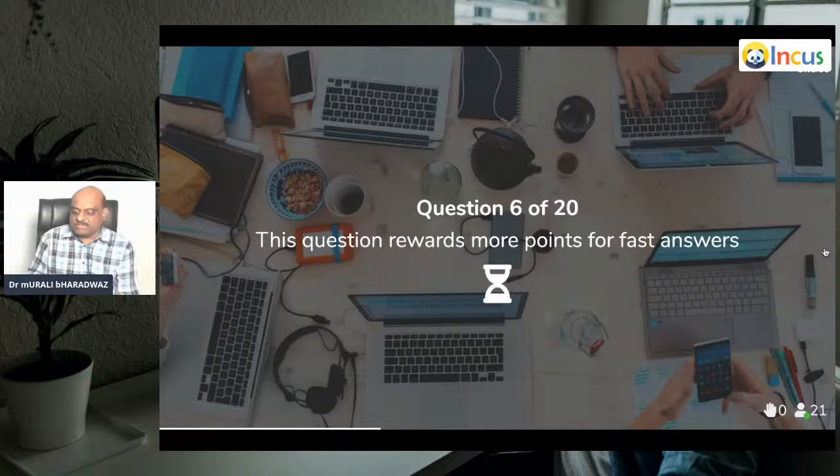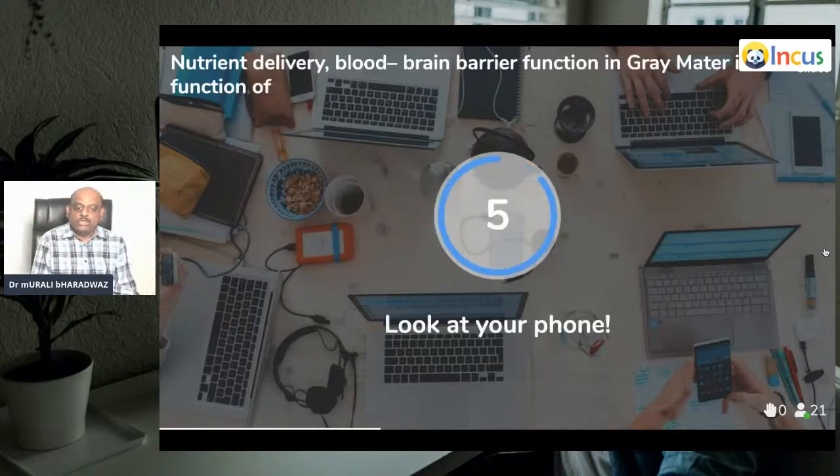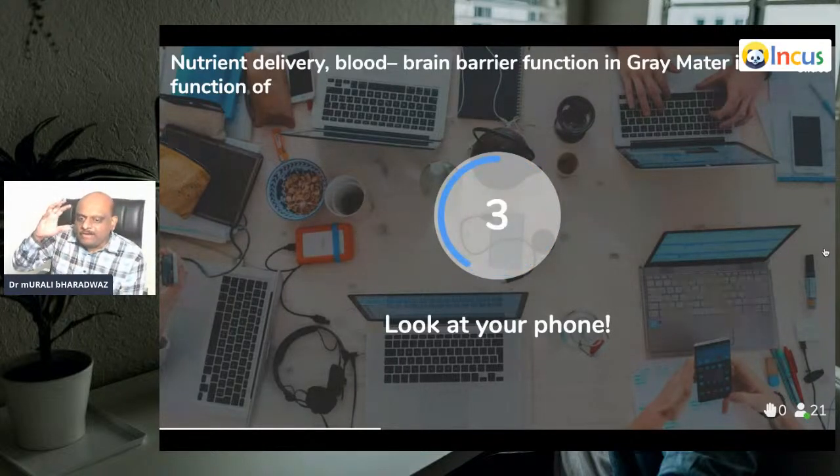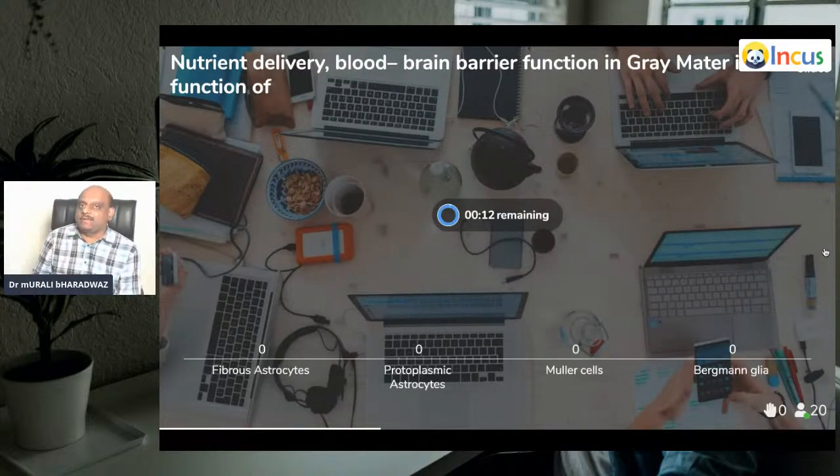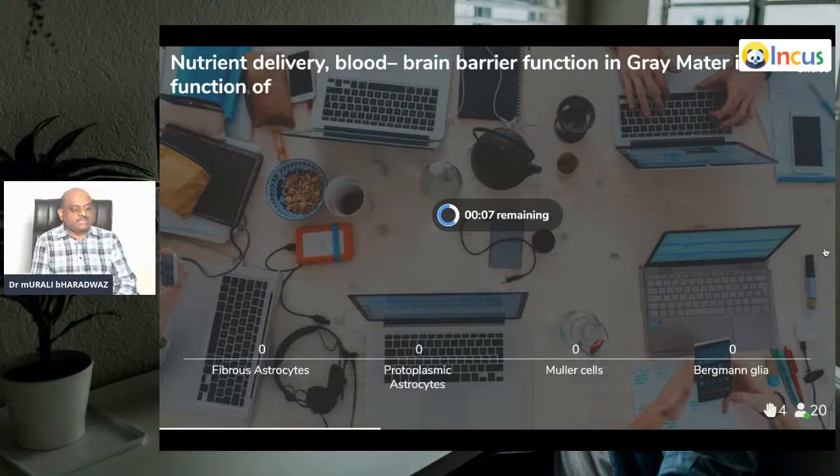Question number 6. Nutrient delivery and blood-brain barrier function in the gray matter is the function of which kind of cells? Which cells? It is a very, very important question.